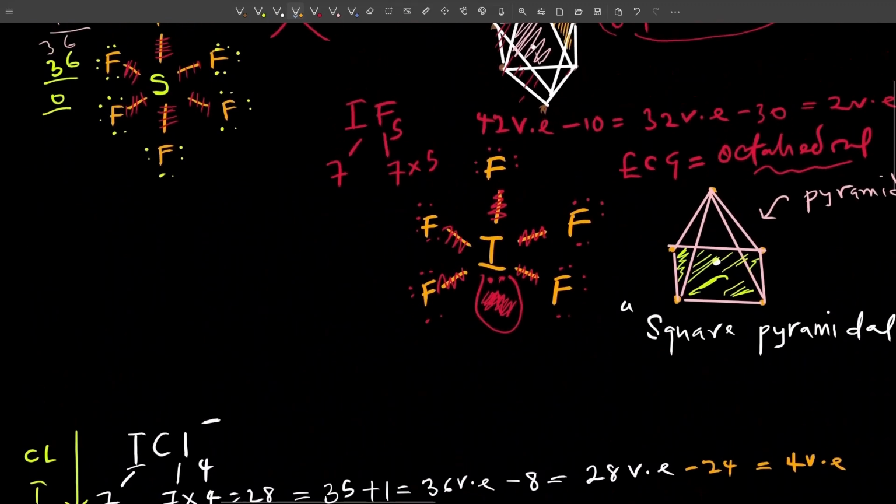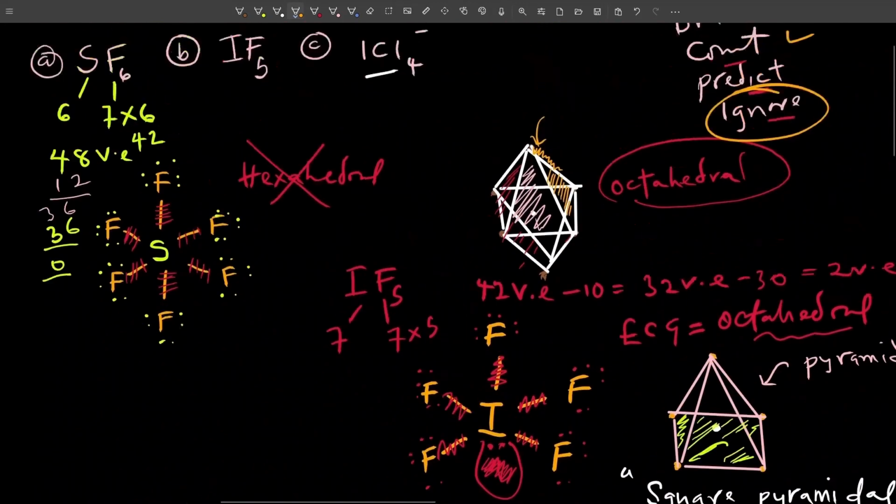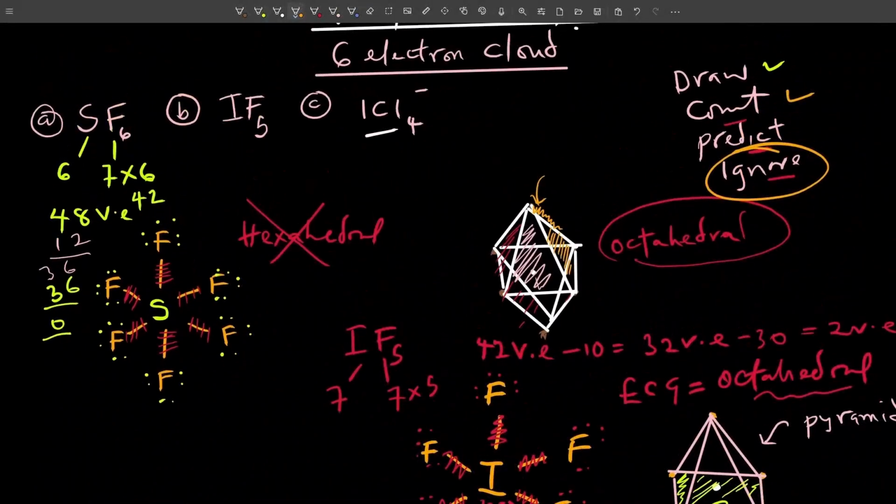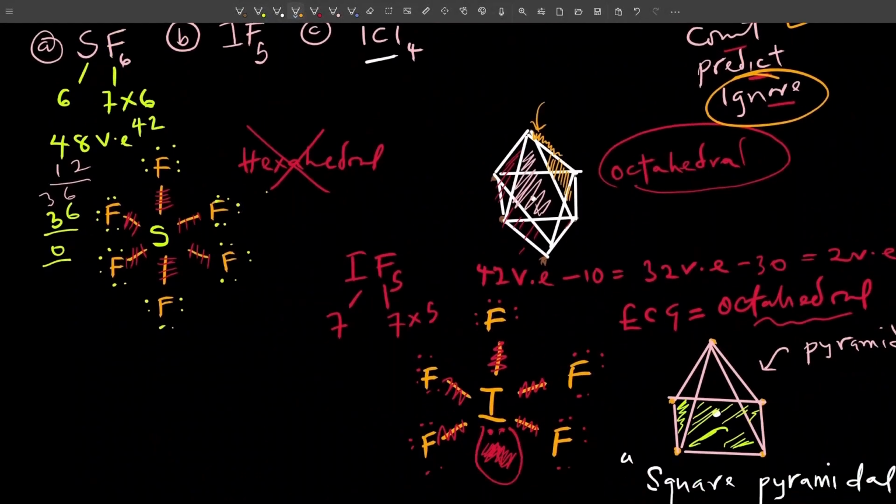One thing you should note is the bond angle for octahedral geometry. Let me come back to my SF6. The bond angle between this fluoride and this fluoride is 180 degrees, between these two fluorine atoms here.